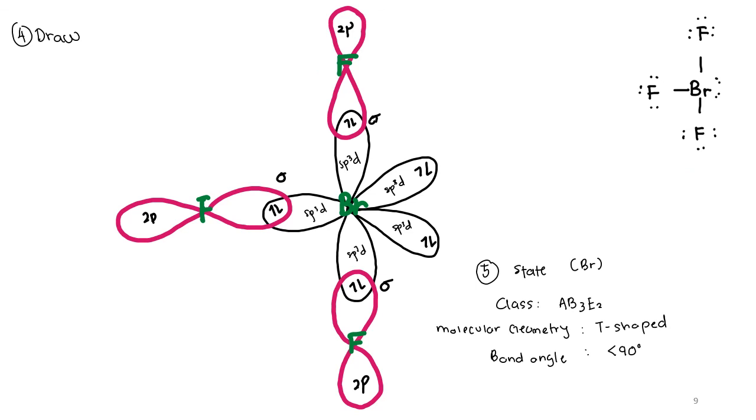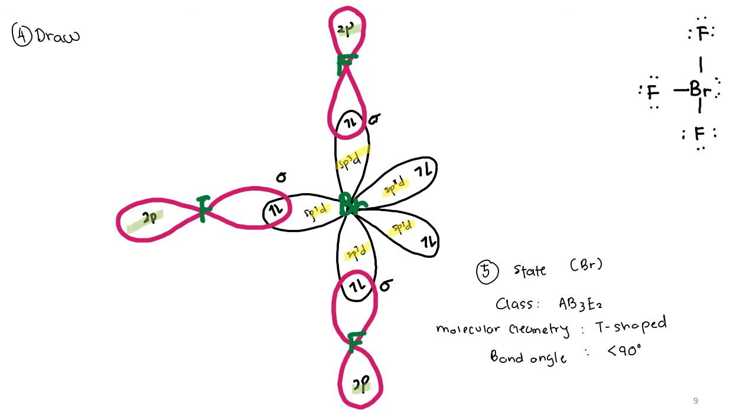Okay, so you will come to the fourth step, which is to draw and show the overlapping of sigma bonds. Make sure you label each of the orbitals. For the bromine atom, it must be sp3d for each of the orbitals, and for fluorine, it will be 2p orbital.